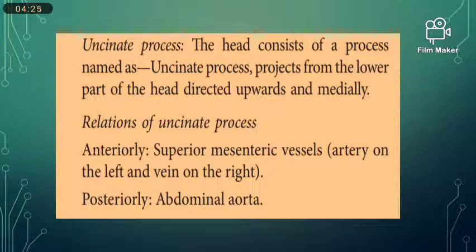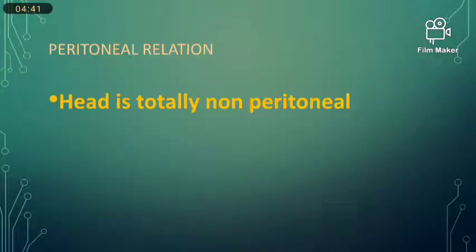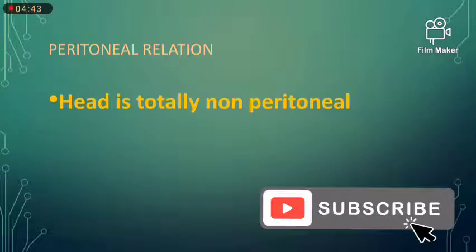Relations of the uncinate process: anteriorly the superior mesenteric vessels, that is artery and vein, artery on the left and vein on the right, and posteriorly the abdominal aorta. Peritoneal relation of the head: it is totally non-peritoneal, as we know the pancreas is retroperitoneal, so obviously the posterior surfaces are non-peritoneal.